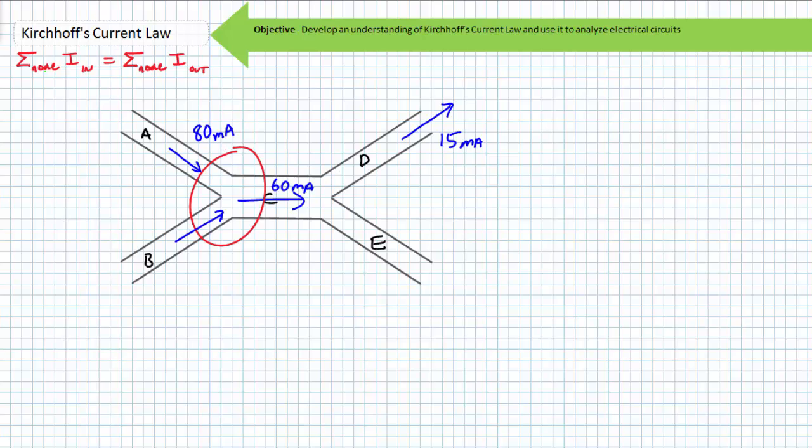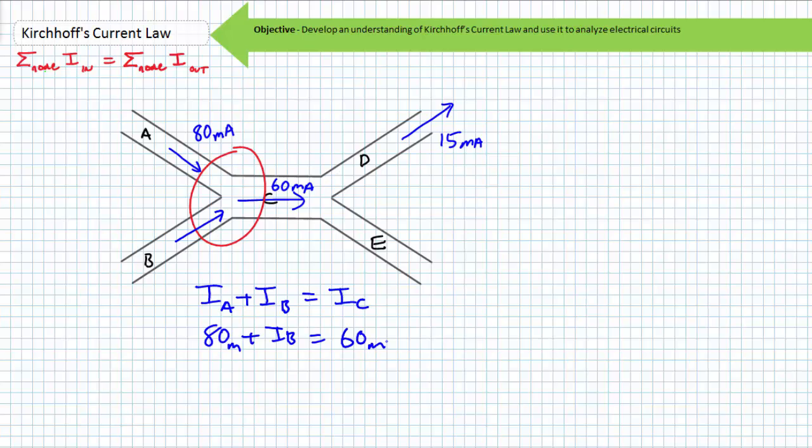Let's assume that the current in pipe B is incoming current. Our KCL equation for this junction is as follows. Our incoming current is IA plus IB, and our outgoing current is IC. IA plus IB equals IC.